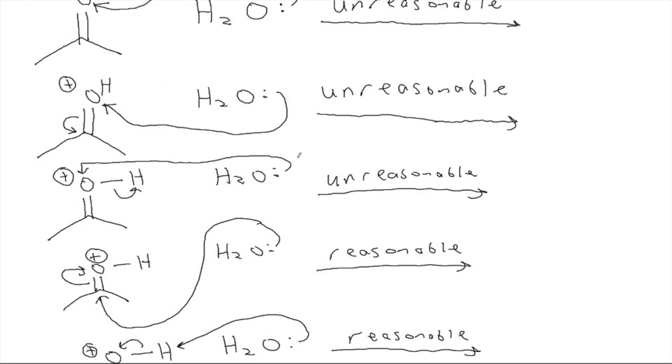Our goal is to be able to figure out reasonable arrows in a situation so that we don't have to rely purely on memory. That's important because, first of all, there's just too much material in OChem to rely purely on memory. That just doesn't work. We need to give some help to our memory by understanding the arrows.